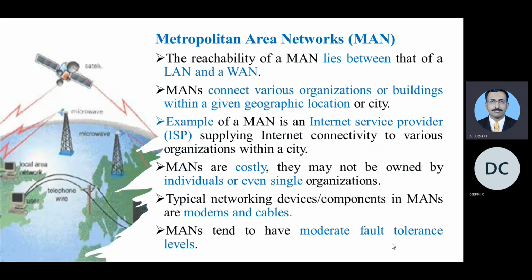They may not be owned by individuals or single users, because a wide area network cannot be owned by a single person. Typically, networking devices and components in a MAN are modems and cables. MANs have a moderate fault tolerance level.